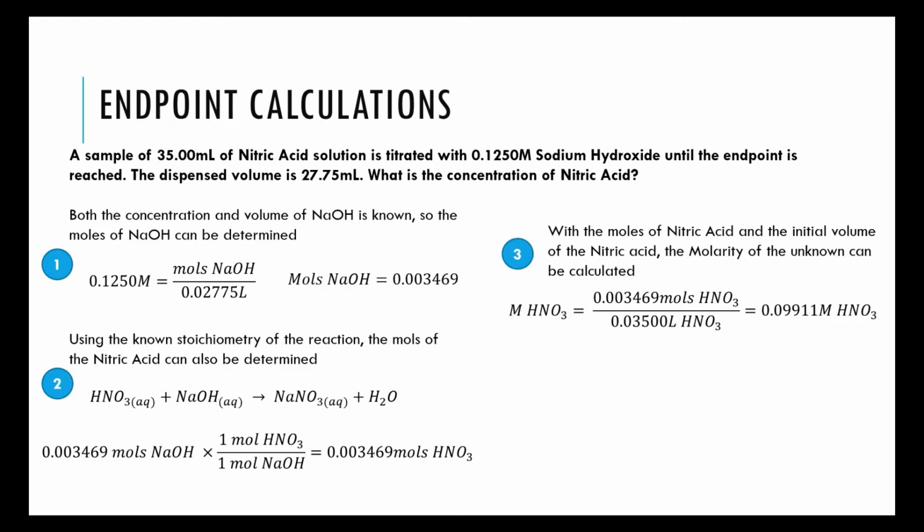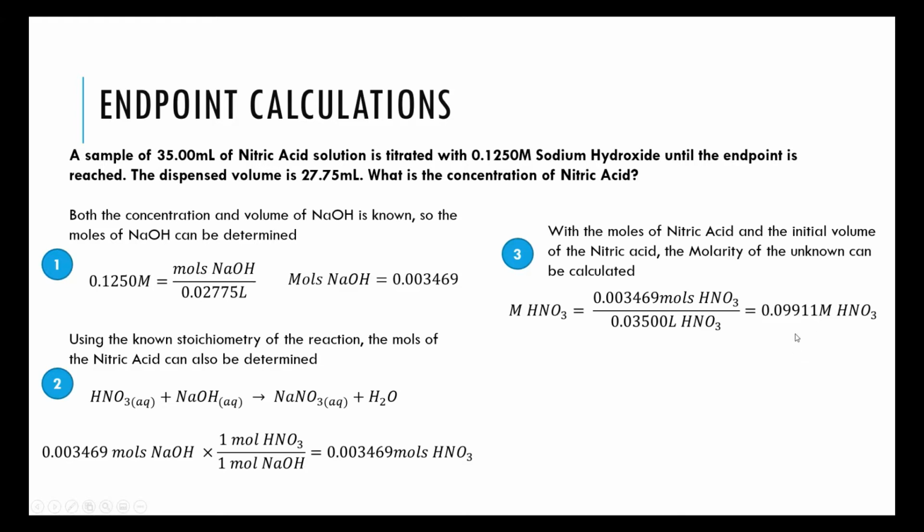Before you started adding the sodium hydroxide, what was that concentration of nitric acid? So if you have moles of nitric acid and you have the volume of nitric acid, you can then divide the two and determine the concentration of the nitric acid solution.